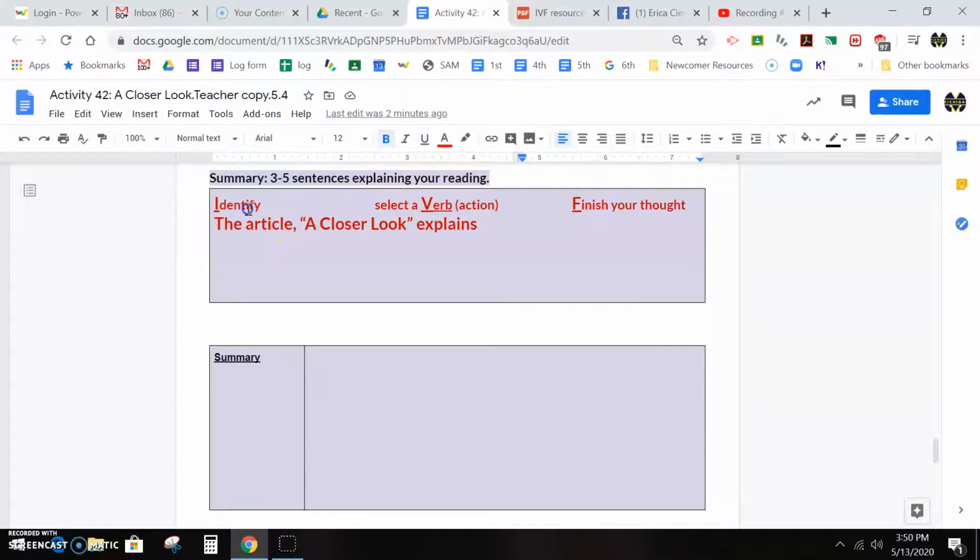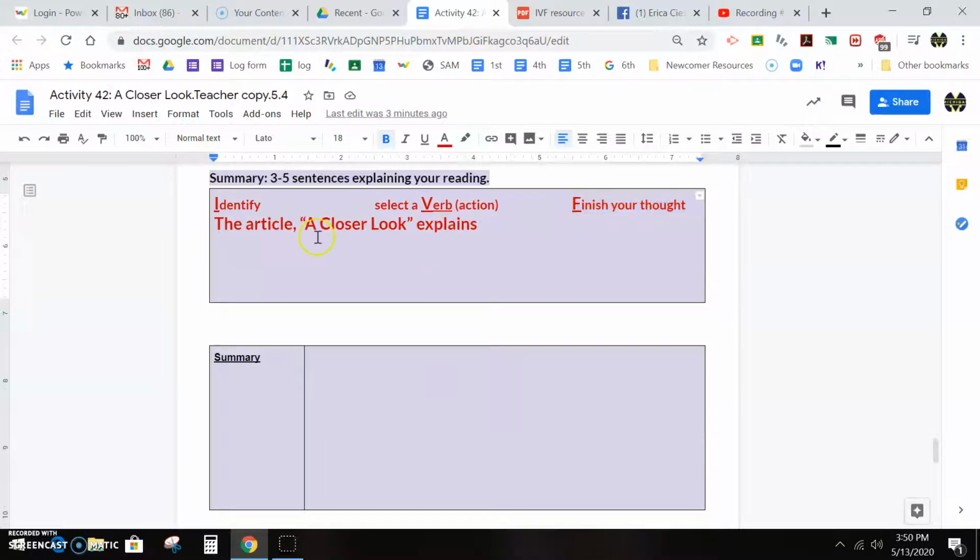I stands for identify what you read. V stands for the verb, the action word. What did this reading do for you? And the F is finish your thought. Finish your topic sentence because that is what this strategy is helping you to write.